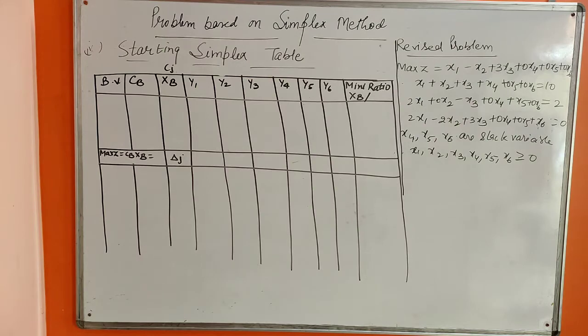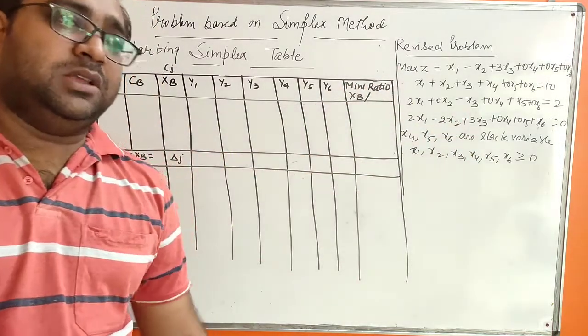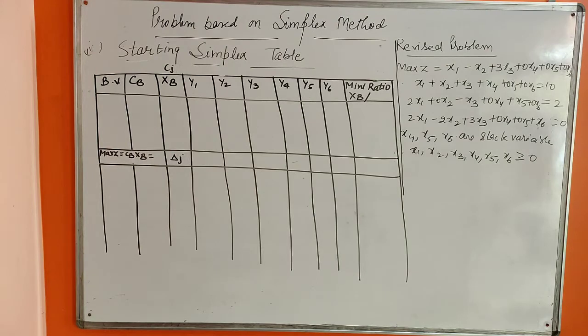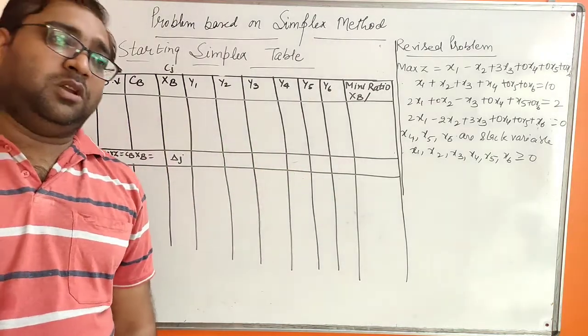Now moving on to the next step, the starting simplex table. In this table, first identify how many columns we have to form. In the revised problem there are a total of 6 variables, and in the previous lecture I already stated that the first 3 and last 2 are fixed and the middle columns depend on the number of variables.